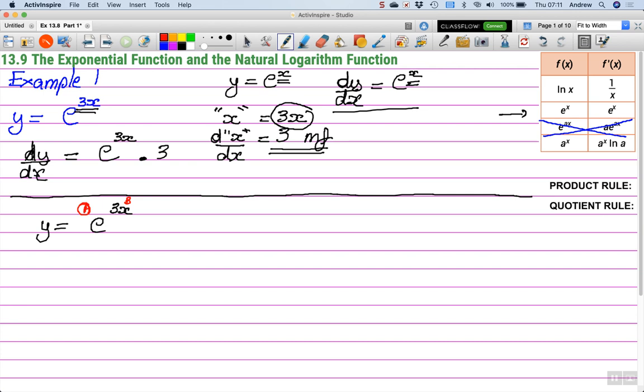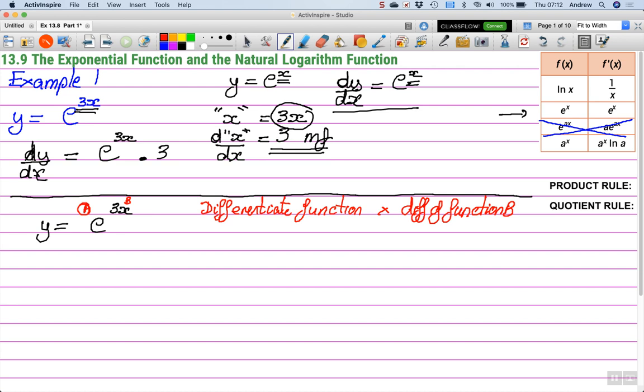And what does the chain rule say to us? The chain rule says differentiate function A and then multiply by the differential of function B, and then multiplied by the differential of function C. There's an ABC problem.